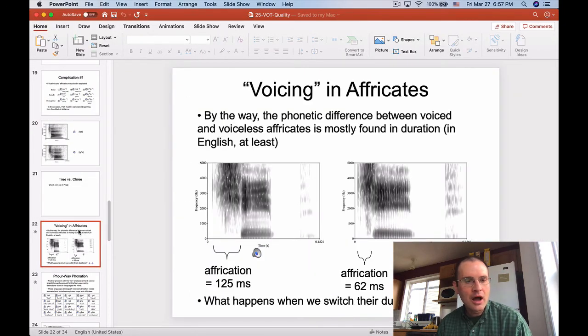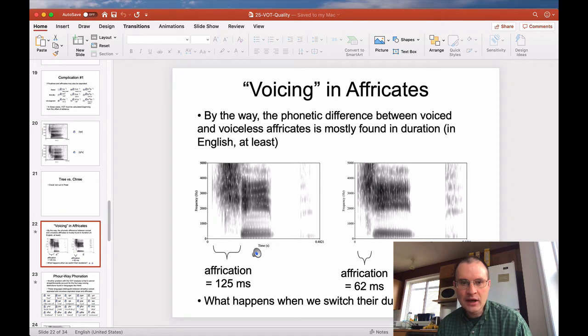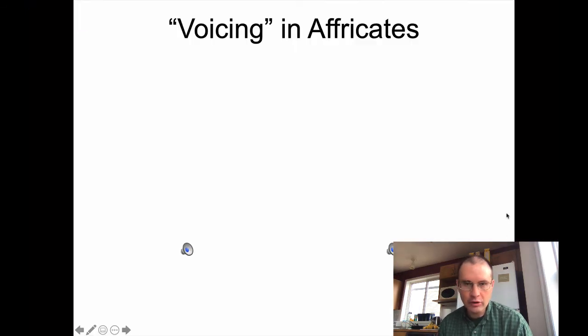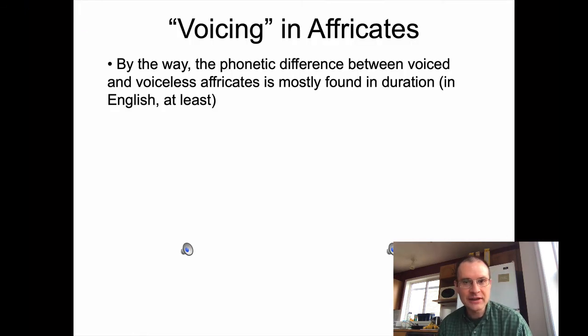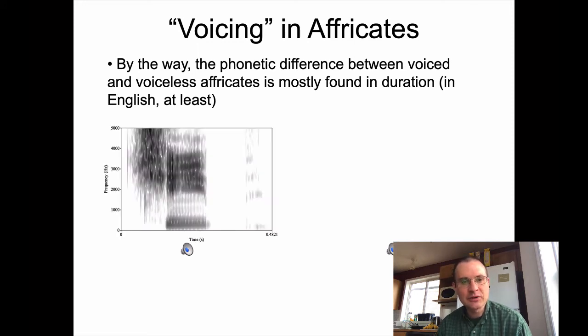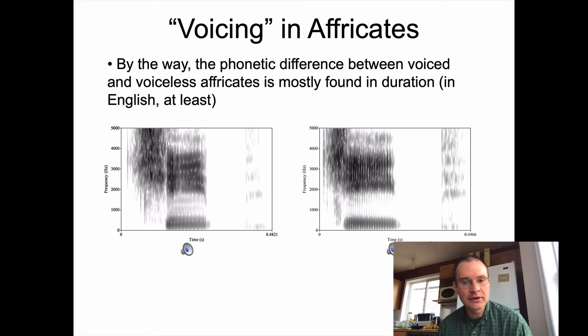Okay. Also talking about affricates, I'll show you a little bit of what I know about the voicing distinction in affricates. So the phonetic difference between voiced and voiceless affricates is mostly found in the duration of the affricates. Basically what you find is that the voiceless affricates, at least the fricative part of it, is a little bit longer than what you get for the voiced affricates. Cheap, jeep.